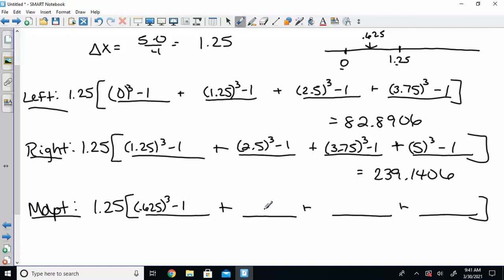Then you add your change in x each time. If I add 1.25, I get 1.875. Add 1.25, you get 3.125. Add 1.25 and you get 4.375.